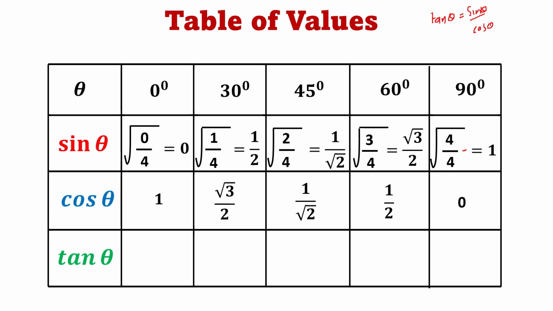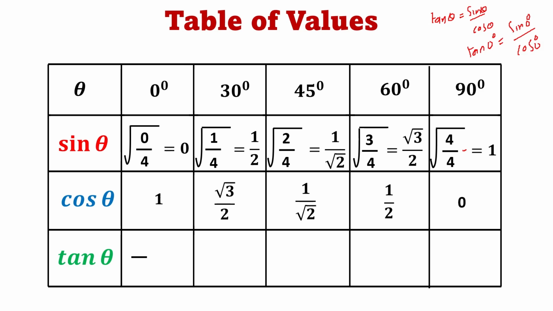So if I want to find the value of tangent 0 degree, that will be equal to sine 0 degree over cos 0 degree. So now for the values of tangents of these angles, I simply divide value of sine by the value of cosine or cos.